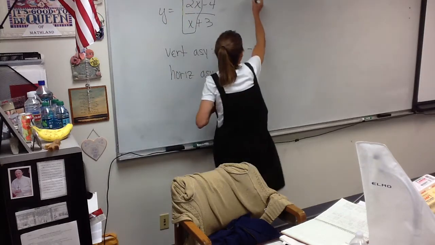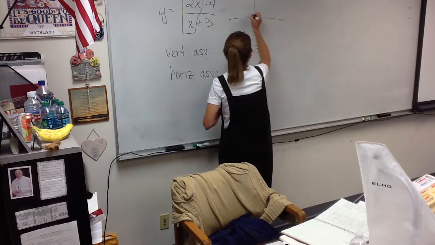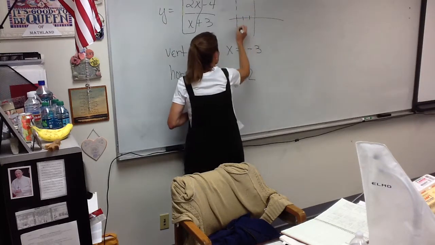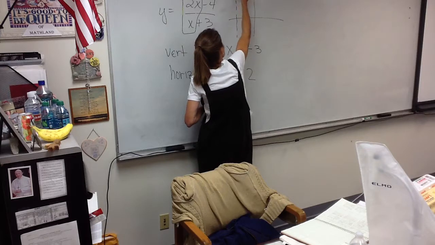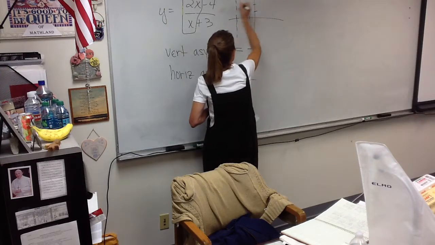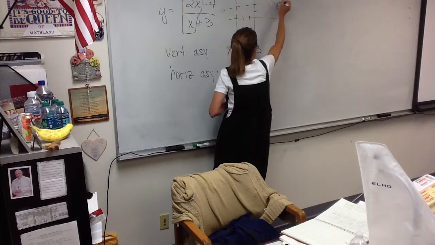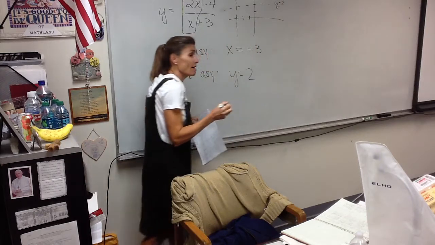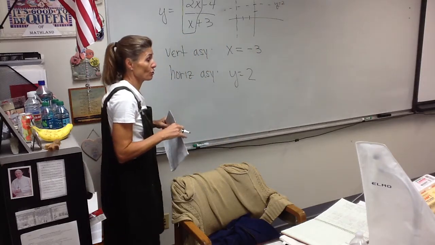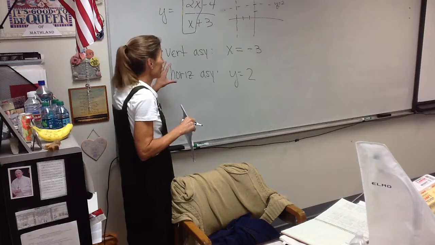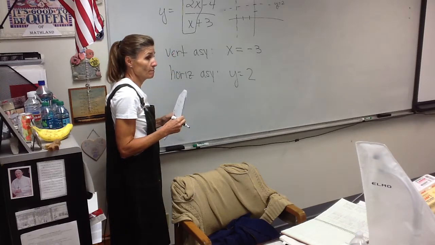So graphically, I have a vertical asymptote where x equals -3, and a horizontal asymptote where y equals 2. So that's what I have so far in terms of the picture. That's all you have to graph right now, just the asymptotes.